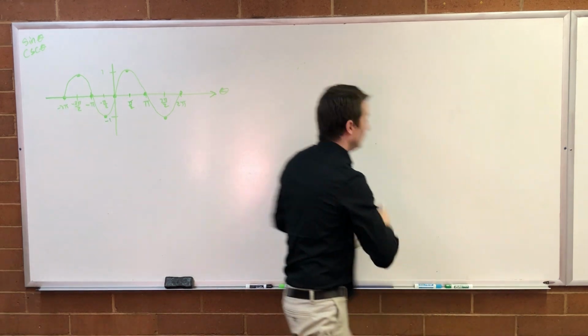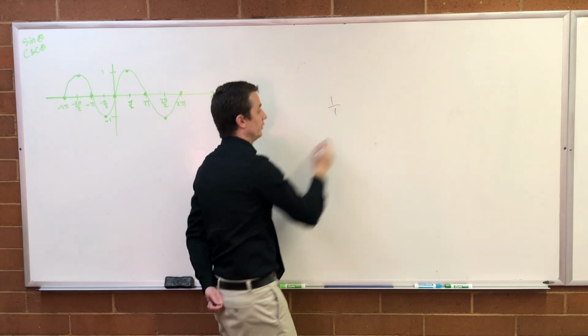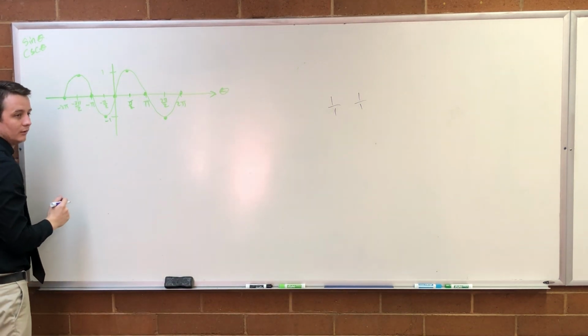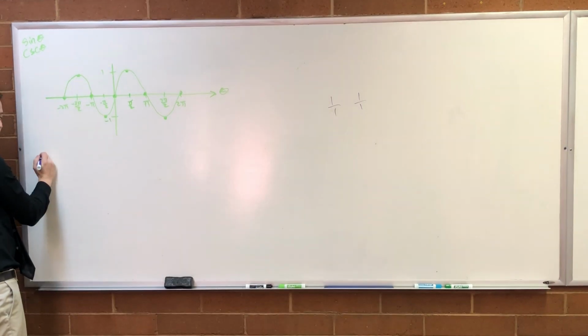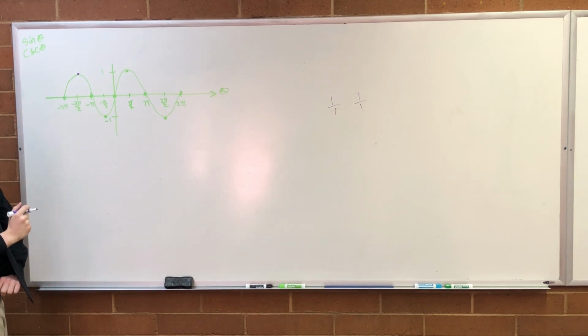Right? Here's 1. Doesn't change anything. So if I used to have 1 over 1 and I flip it, we still just have 1. So we're still right here for cosecant.